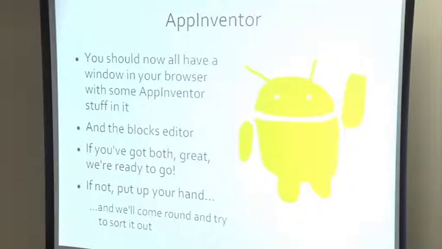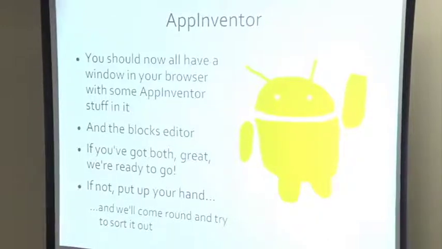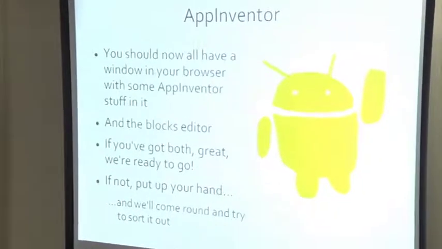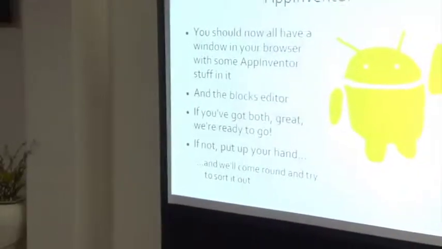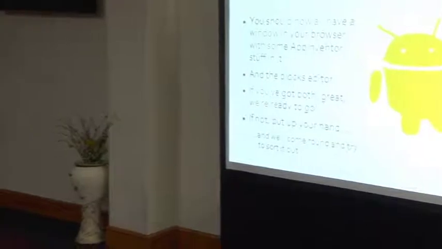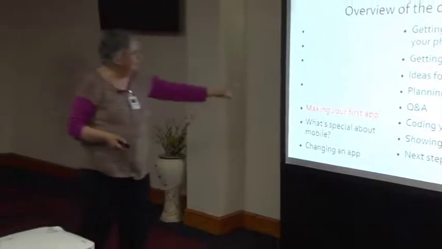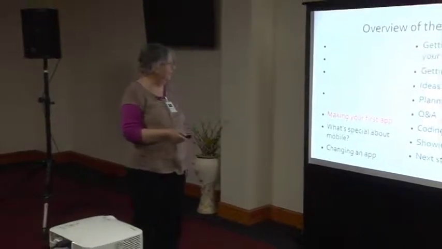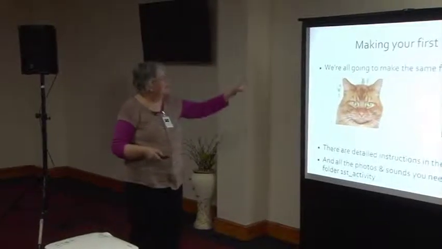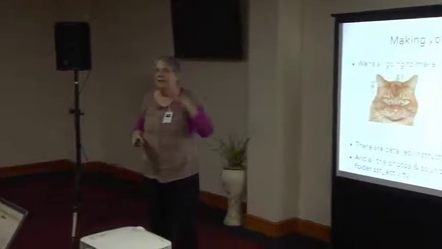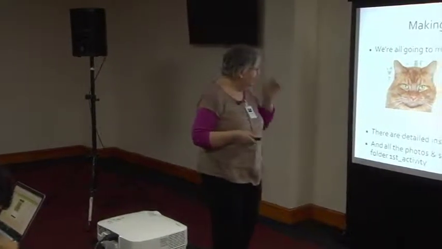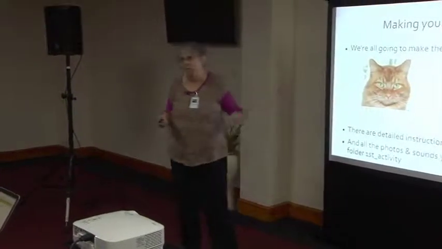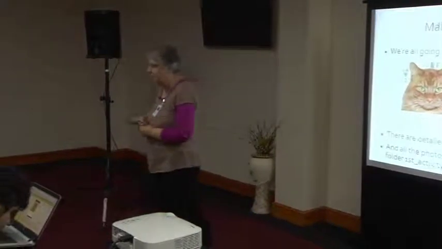We've got a little booklet now that we want you to work through. So we're going to do activity 1, making your first app. In the resources, there are 2 pictures of a cat under activity 1.